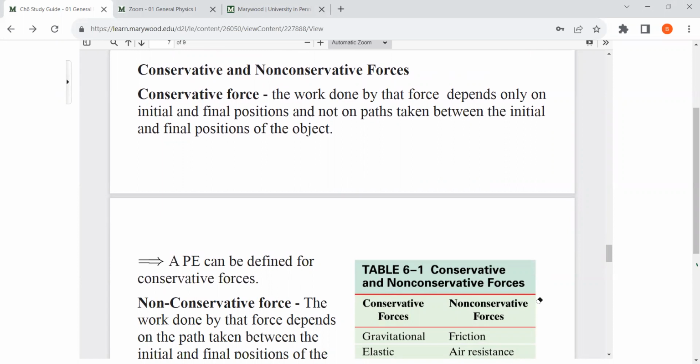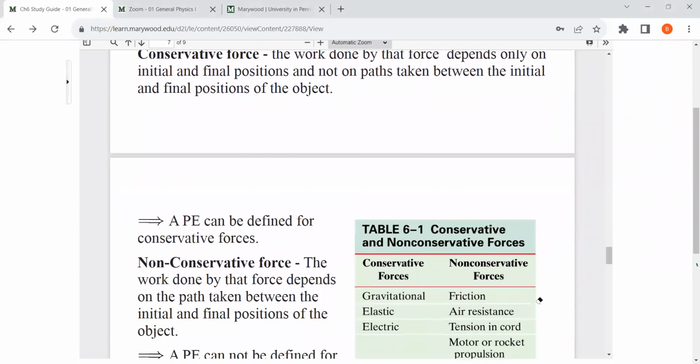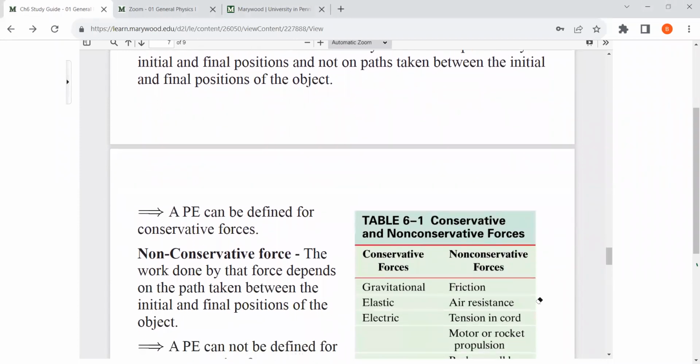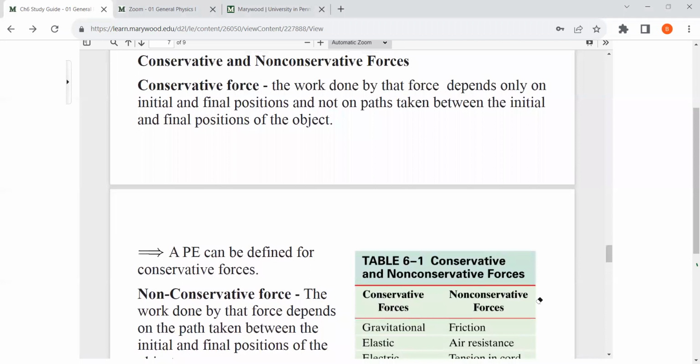And what is a non-conservative force? A non-conservative force is one where the work done depends on the path taken between the initial and final position of the object. So for a conservative force, we basically need to know only the initial position and the final position.